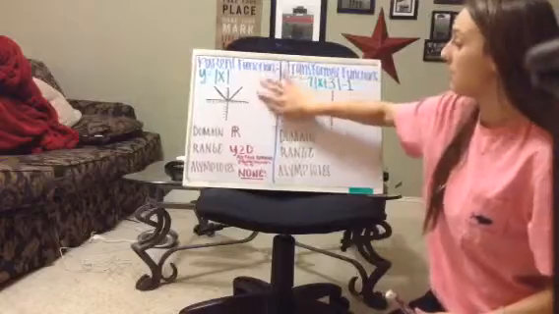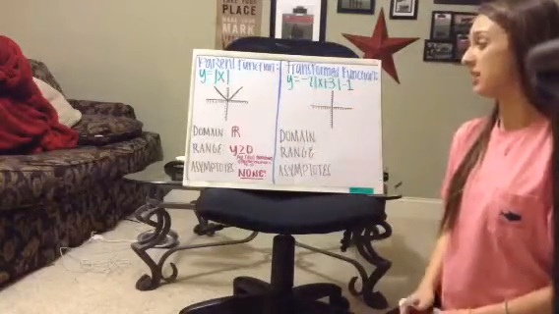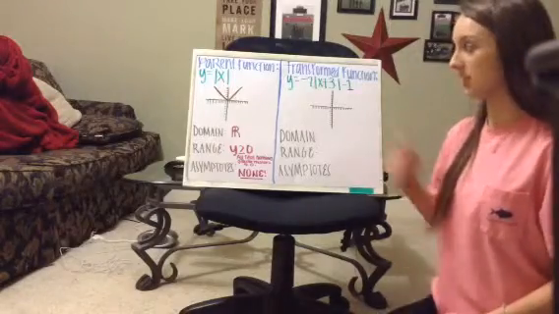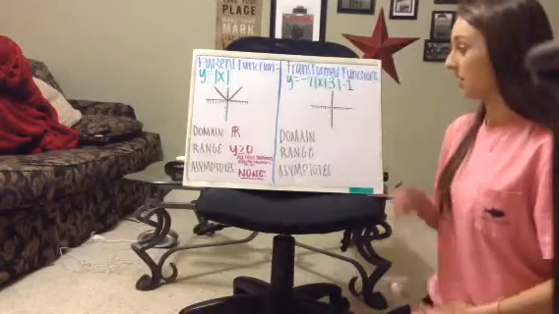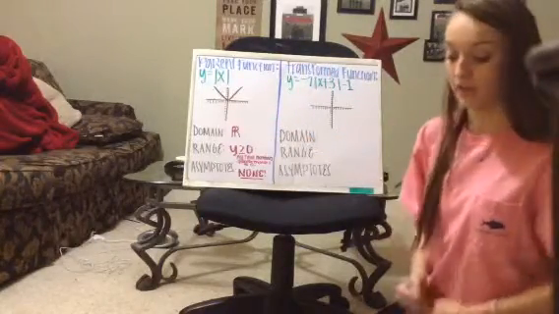I already have the domain, range, and asymptotes written down for this because I just remember them. This is the easiest way for me to find the transform function, by remembering what the parent function, domain, range, and asymptotes are.